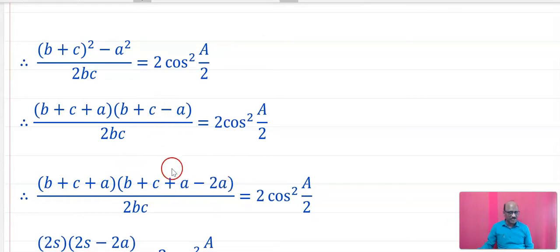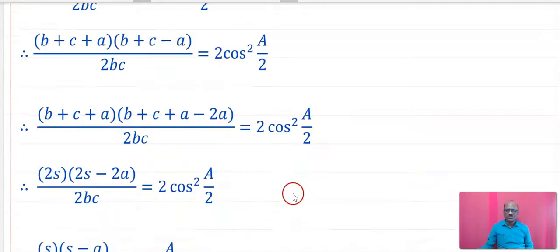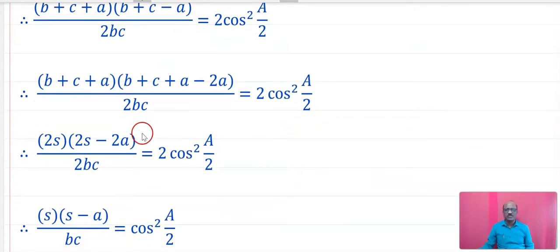If we add plus a then minus a, that will become minus 2a, and therefore here a plus b plus c, a plus b plus c minus 2a, upon 2bc is equal to 2 cos square A by 2. But what is the value of a plus b plus c? That is 2s. Here 2s minus 2a upon 2bc is equal to 2 cos square A by 2.